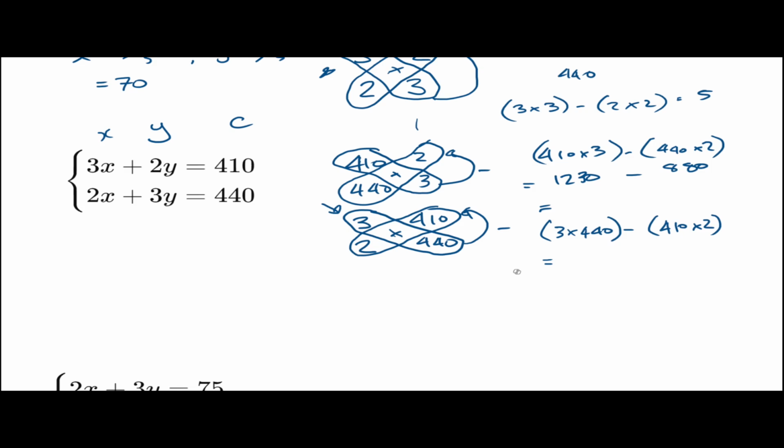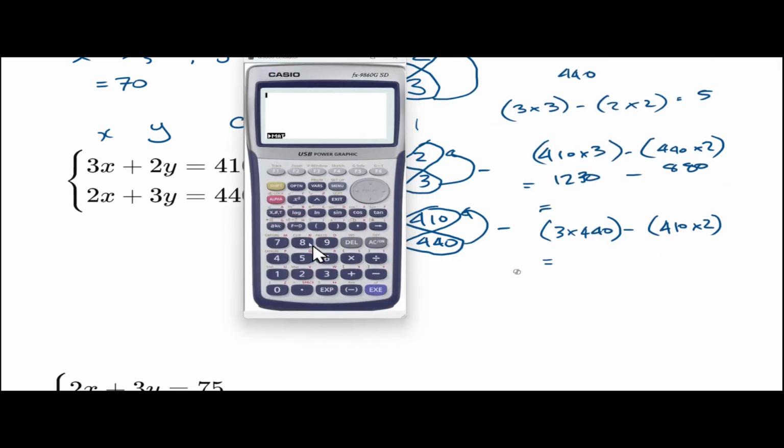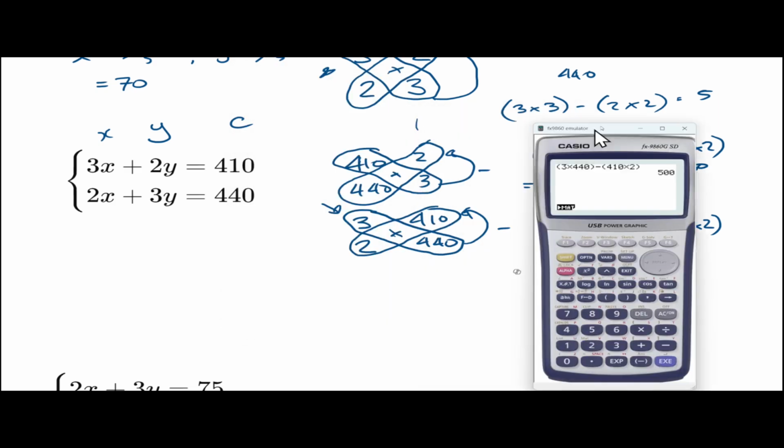I don't know what that is off the top of my head. 3 times 440 minus 410 times 2, 500. There we go.